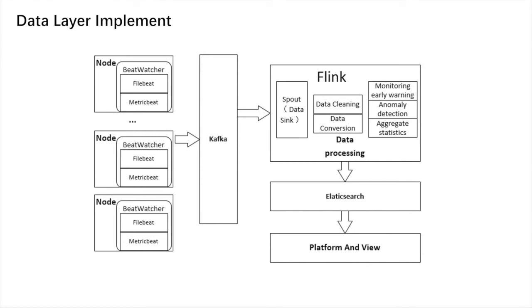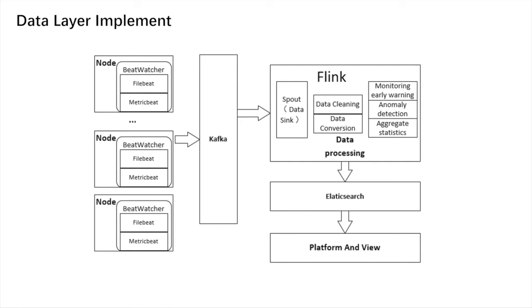The data layer implementation is shown in the picture. The data is generated by the server itself or by services running on it. Then the collected data is sent to Kafka through bit on the node. Flink consumes data from Kafka and streams it internally. The unstructured data is then transformed into structured data.